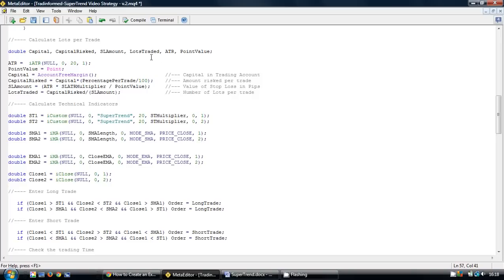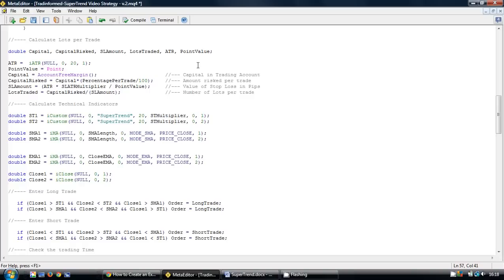Lots traded is the information that we need to get out of this, and the ATR is the average true range, and the point value identifies what the minimum change is going to be, the minimum change for your particular broker.